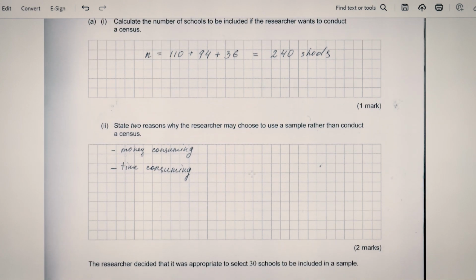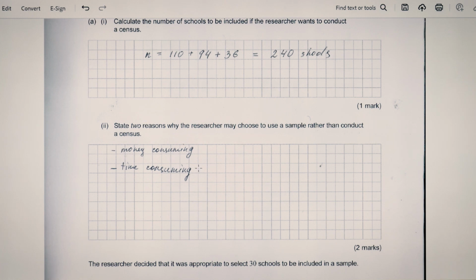And then here it says state 2 reasons why the researcher may choose to use a sample. The most common answer we are looking for is that it's money consuming, that's why we use a sample, not the population, and also it's time consuming. If they put something like reasonable as well, it's okay, but we want 2 statements.